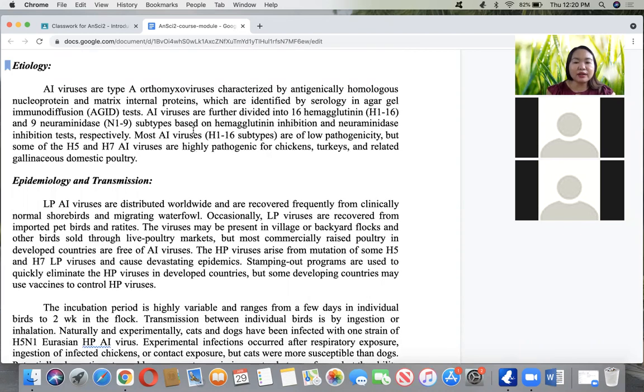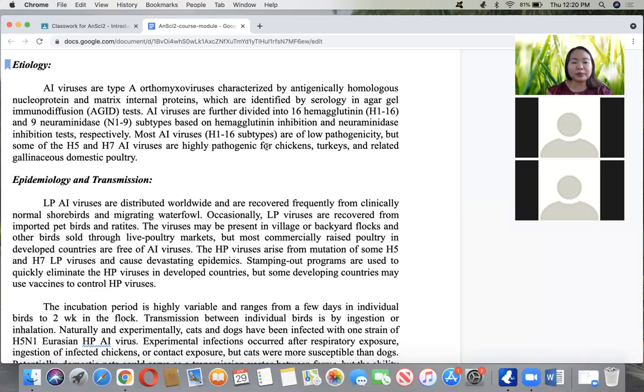Most of these AI viruses are further divided into 16 hemagglutinin subtypes. The H1 to H16 subtypes are medyo low pathogenic, but yung mga H5, H7 AI are highly pathogenic for chickens, turkeys, and related gallinaceous domestic poultry.